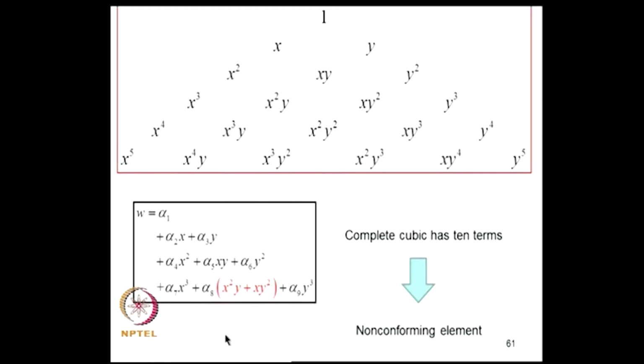So, we will develop this element by assuming a shape function of this form. Actually, if we include a complete cubic, it will have 10 terms, but we need only 9 terms. So, what we do is we club the x square y and xy square terms and associate them with only one single generalized coordinate, and we will develop this element in the next class.